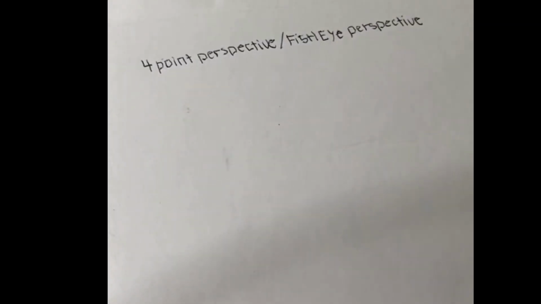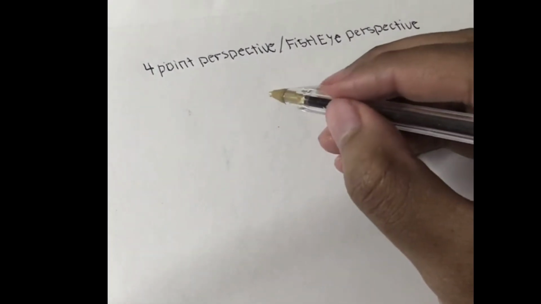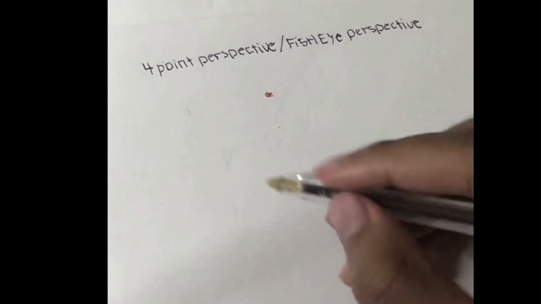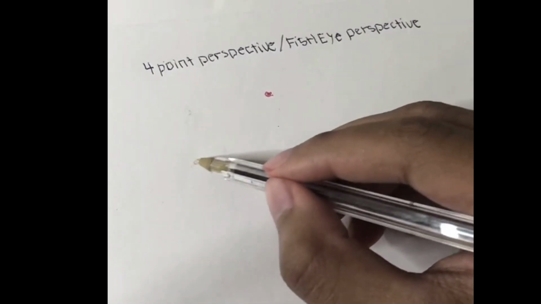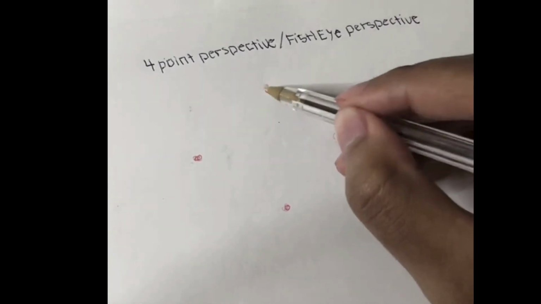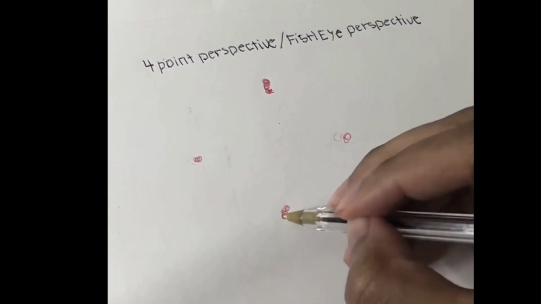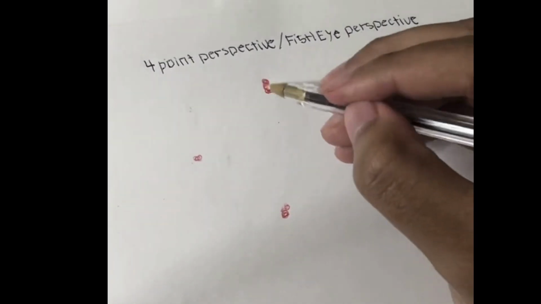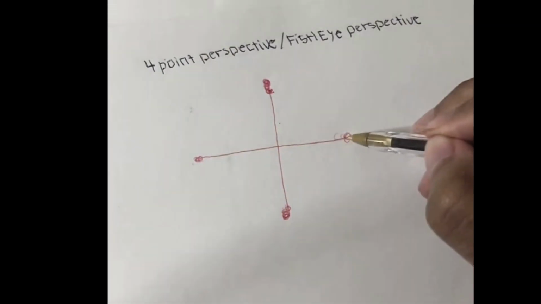So for this one, it's like this. You put a dot at the top, a dot at the bottom. You create 4 points, like a cross, okay? Let me move this one a little bit higher. Now, you connect these lines horizontally and vertically, okay?